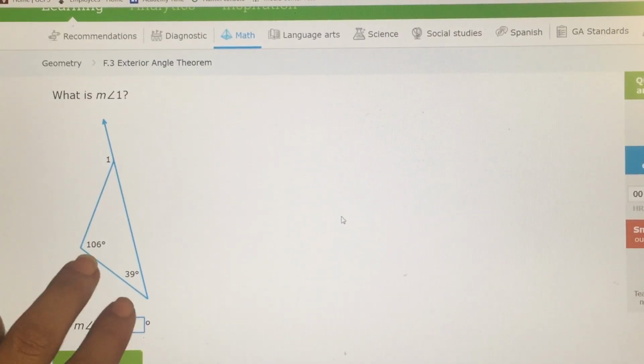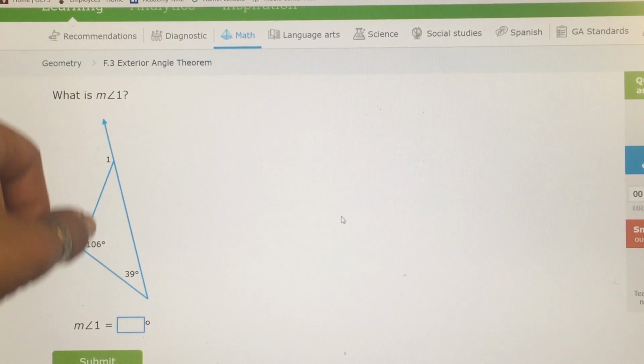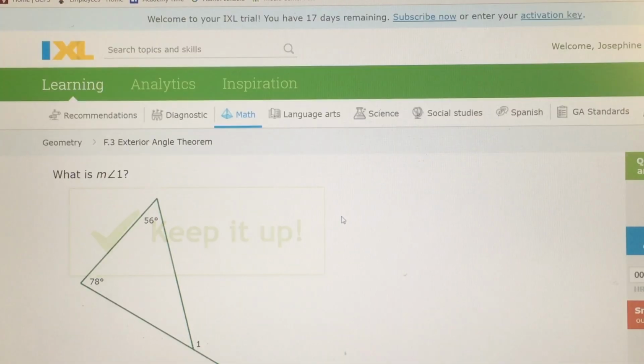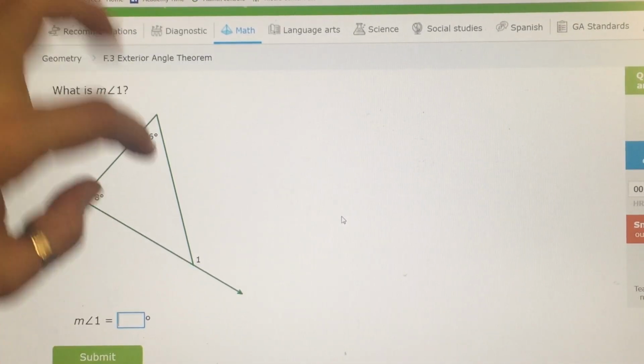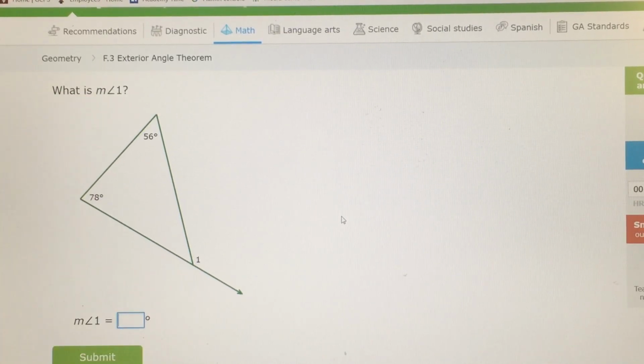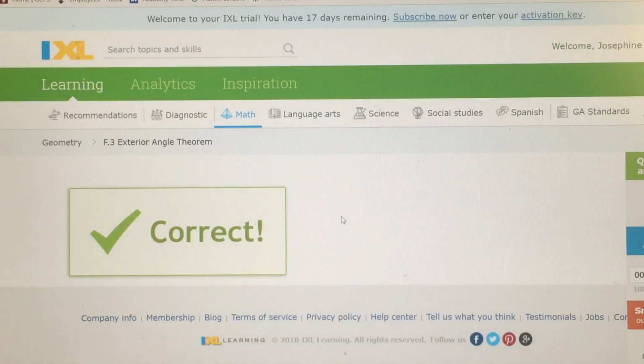So what does it say? When you add the two that are not attached to the exterior, they give you the exterior. So 106 plus 39 is 145. Okay, so when you add the two that are not attached, it's going to give you the exterior. So 78 plus 56, which is 134.